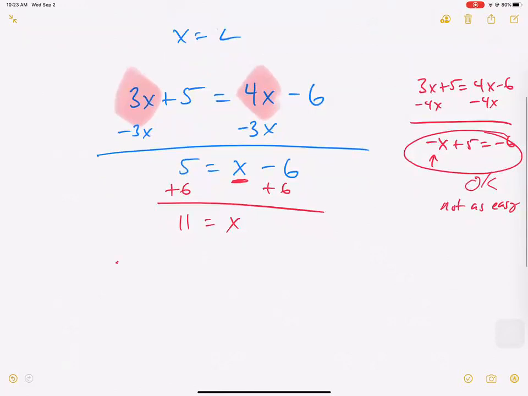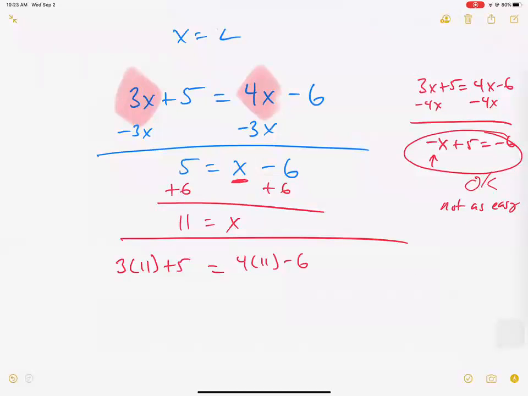But when we double check, 3 times 11 plus 5, does this equal 4 times 11 minus 6? That's 33. Plus 5 is 38. And that's 44 minus 6. Turns out this is also 38. And I would never have guessed 11. I could guess all day long and probably never get 11.